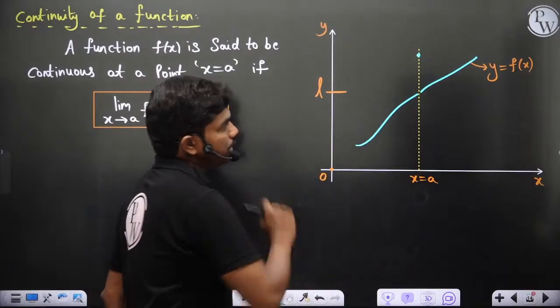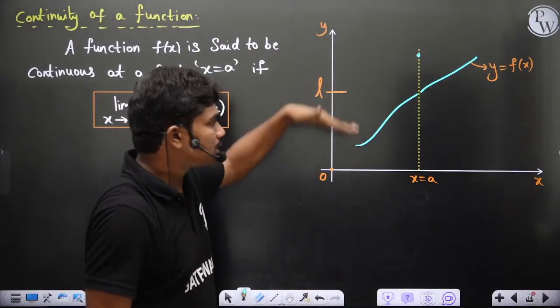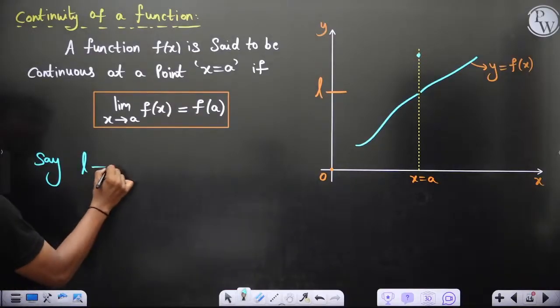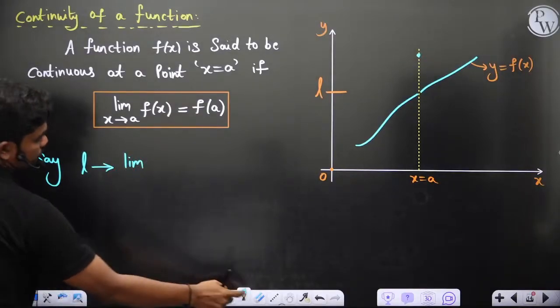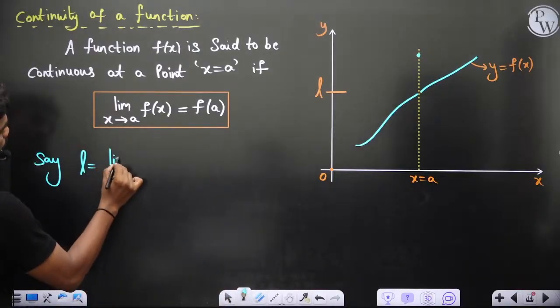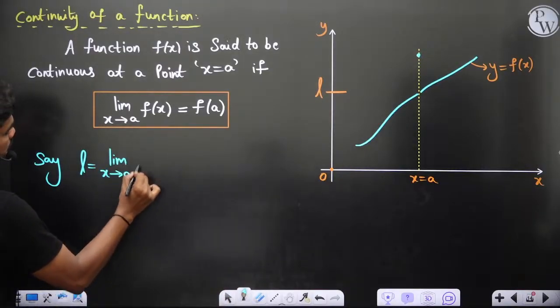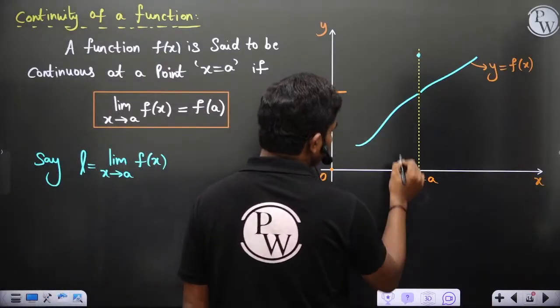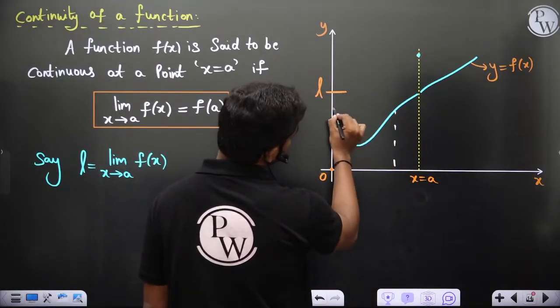So let's see here. L is actually the limit, of course the limit as x tends to a of f of x, for example. The same story what I have told you: if you start somewhere here, then this is the functional value.